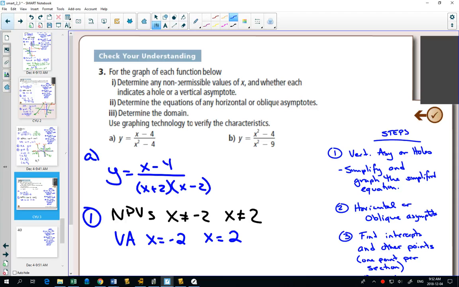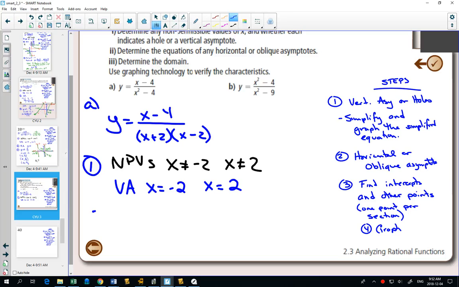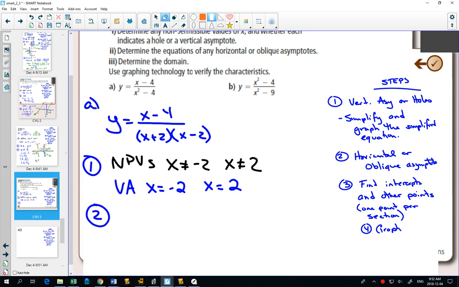Step 2. Are we going to have an oblique asymptote or horizontal asymptote? We're going to have a horizontal asymptote. The degree is bigger in the denominator, which will give you a horizontal asymptote at y equals 0.